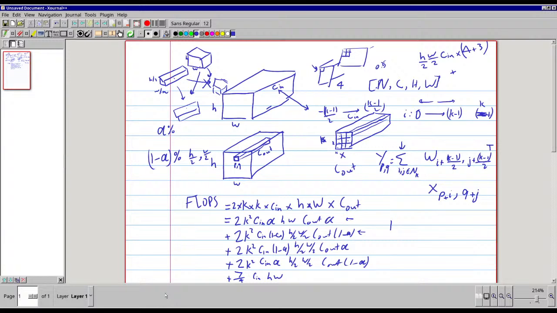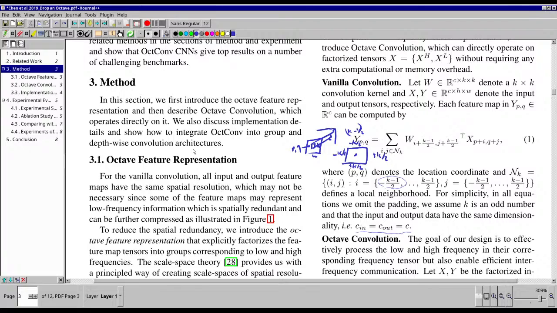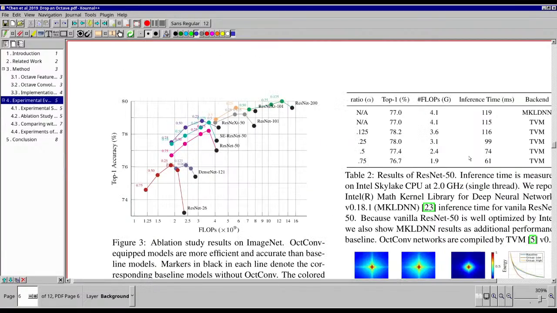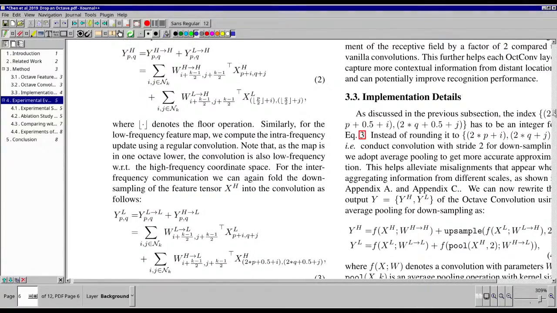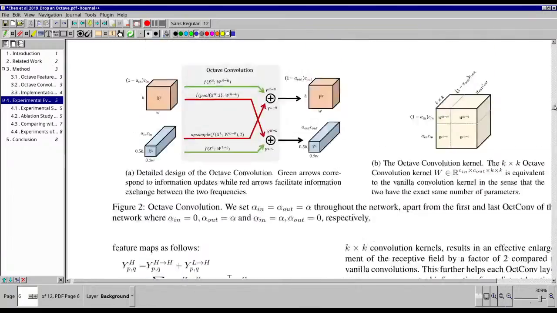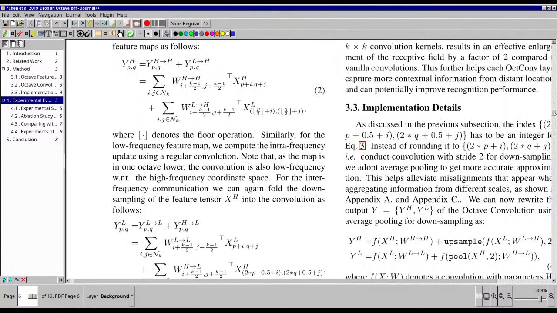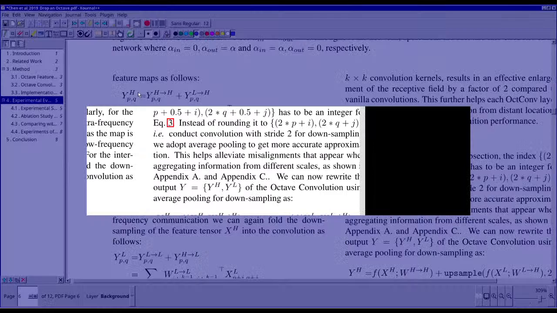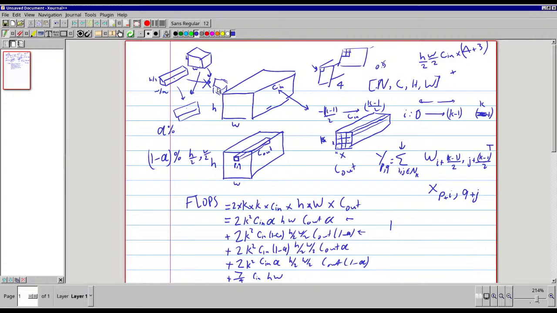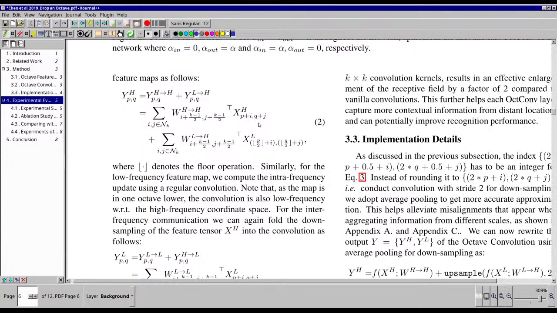Let's see. Here they folded the feature map as follows. We said the high is going to get information from the high and from the low. From the high, it's a regular convolution.